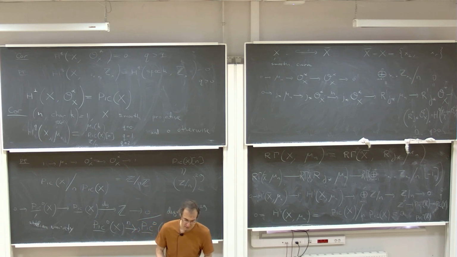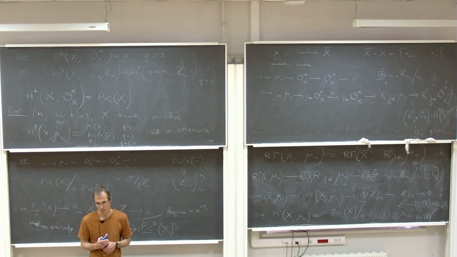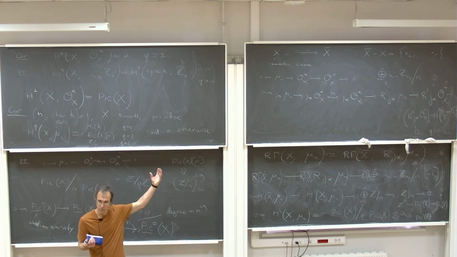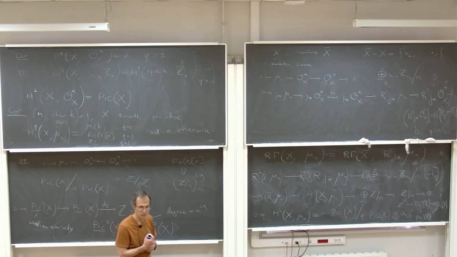The analogs of these results for Spec Z are known and they are equivalent to class field theory. Yes, but again it's more complicated, because it's rather an analog of these results for curves over a non-algebraically closed field, like F_p.